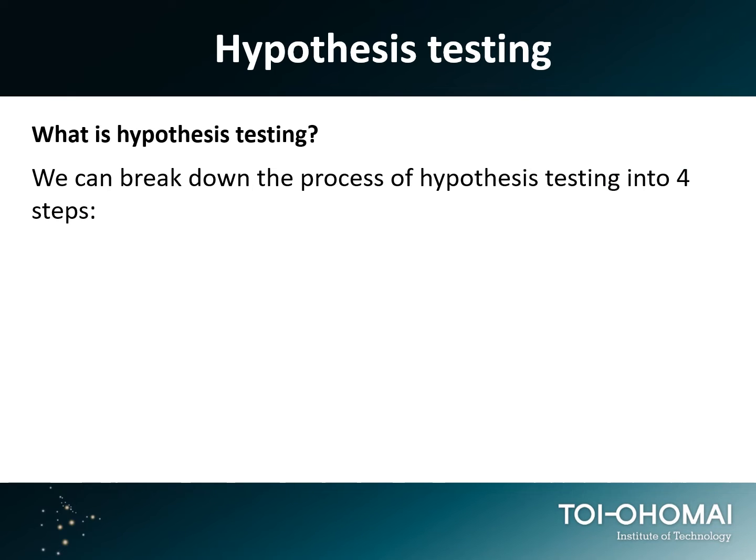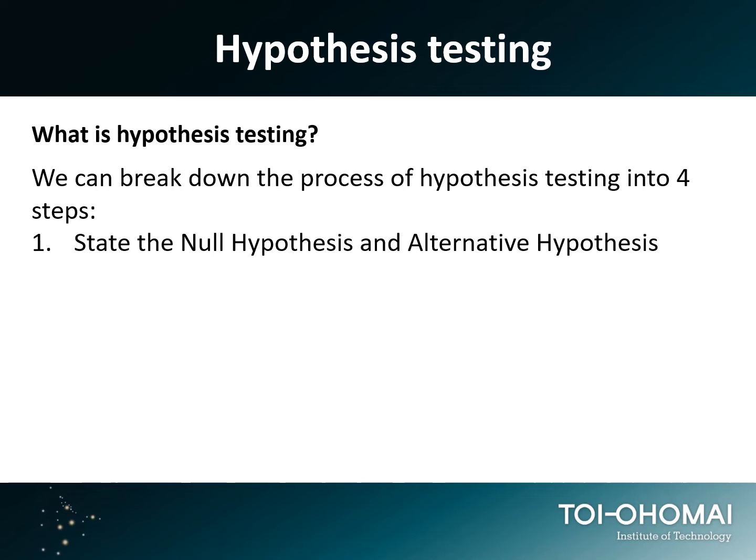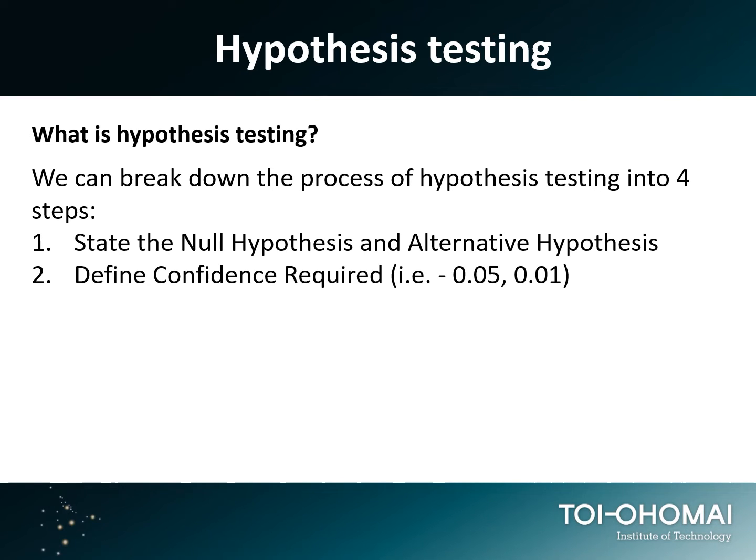So we can break this process down into 4 distinct steps. First, stating the null hypothesis and alternative hypothesis. We've had a little bit of practice at that, but you probably need a bit more, and that's what those hypothesis worksheets are for, and your workbook. Second, define the confidence required.